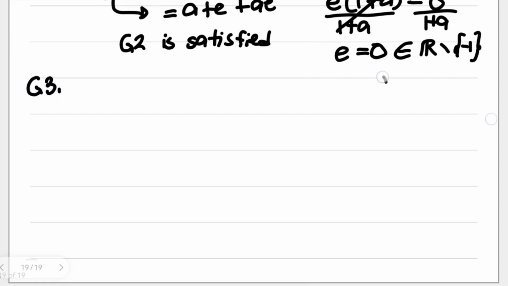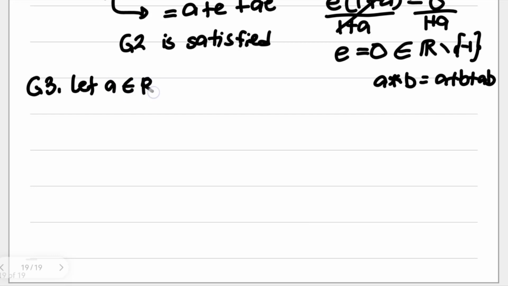So again, let me rewrite it here. A star B is equal to A plus B plus AB. So what is this third condition? The third condition focuses on the existence of an inverse element for all elements in the given set. So let A be an element of R less -1.